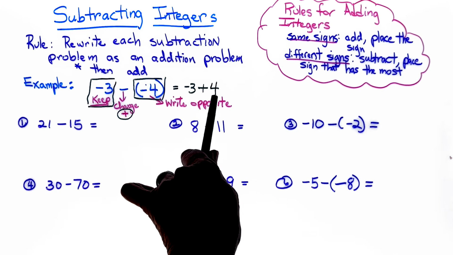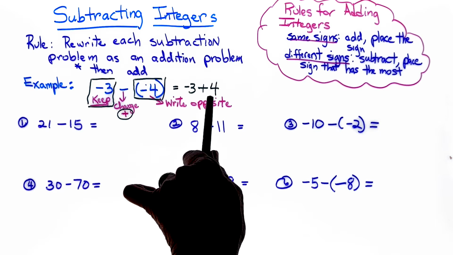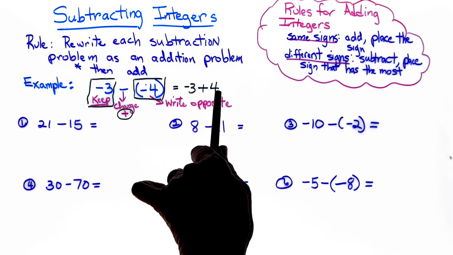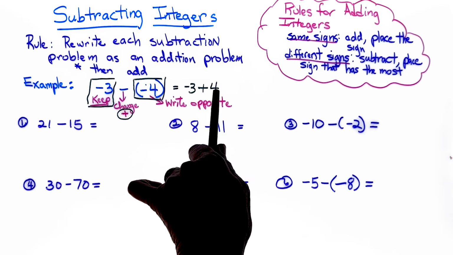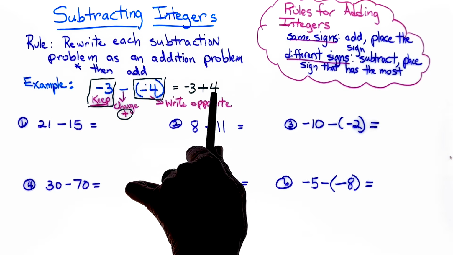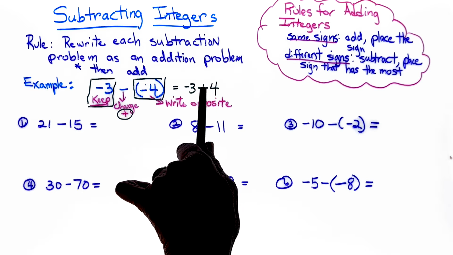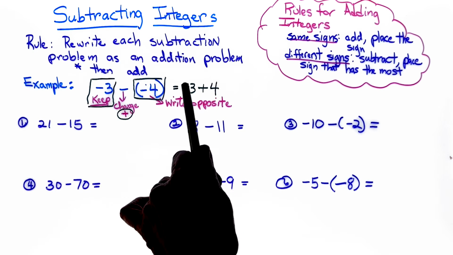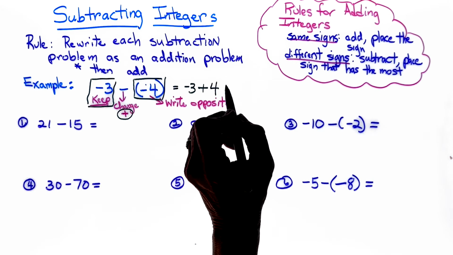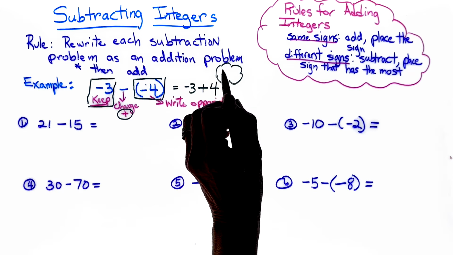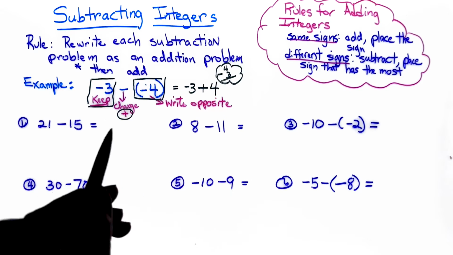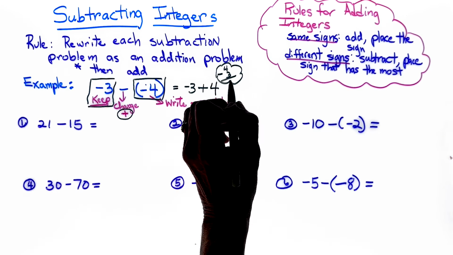Well, the signs are different. So I remember when the signs are different, we take the larger number and we subtract just the numbers as if they were absolute value, both being positive. 4 minus a 3. This is my brain thinking about this problem: just 4, and I'm going to subtract 3 because the signs are different, and I do get a 1.